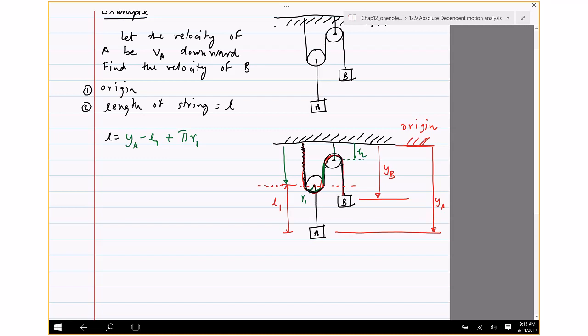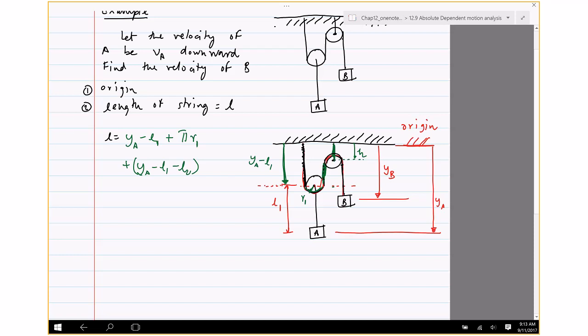So it's going to be YB. No, sorry. This part is going to be YA minus L1, which is this distance, minus L2. So YA minus L1 minus L2. Do you see how that comes? This is because of this distance minus this is this.